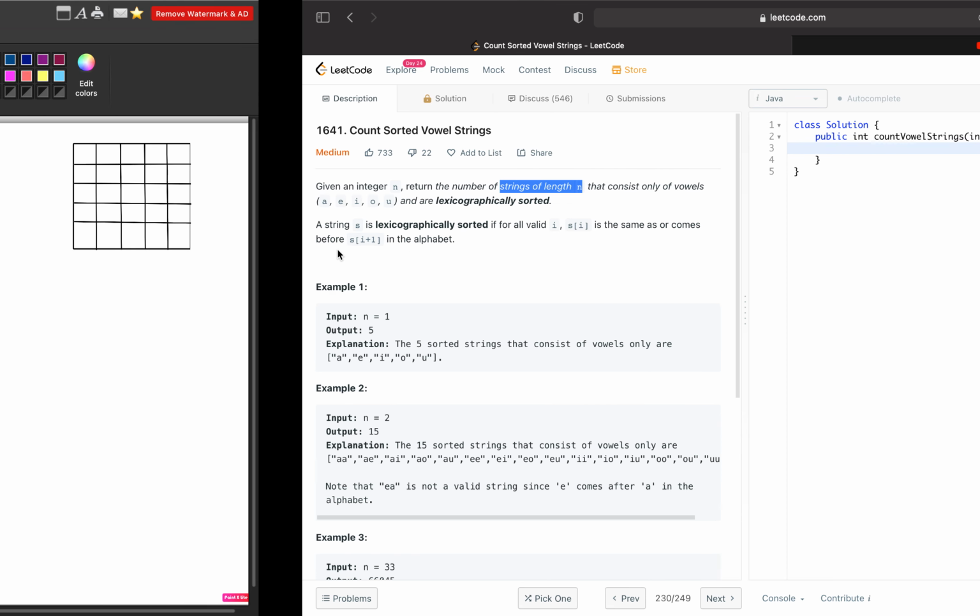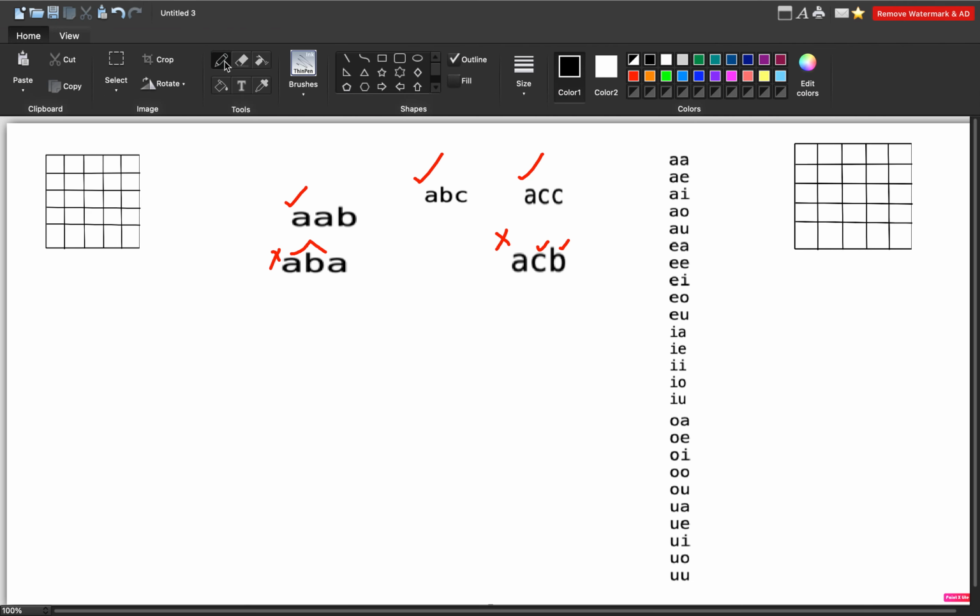Okay, so firstly we will be discussing a test case where n is equal to 1. The question says that we have to return all the strings of length 1 which contain only vowels, and that too lexicographically sorted. So firstly we will be writing all the possible strings of length 1: a, e, i, o and u.